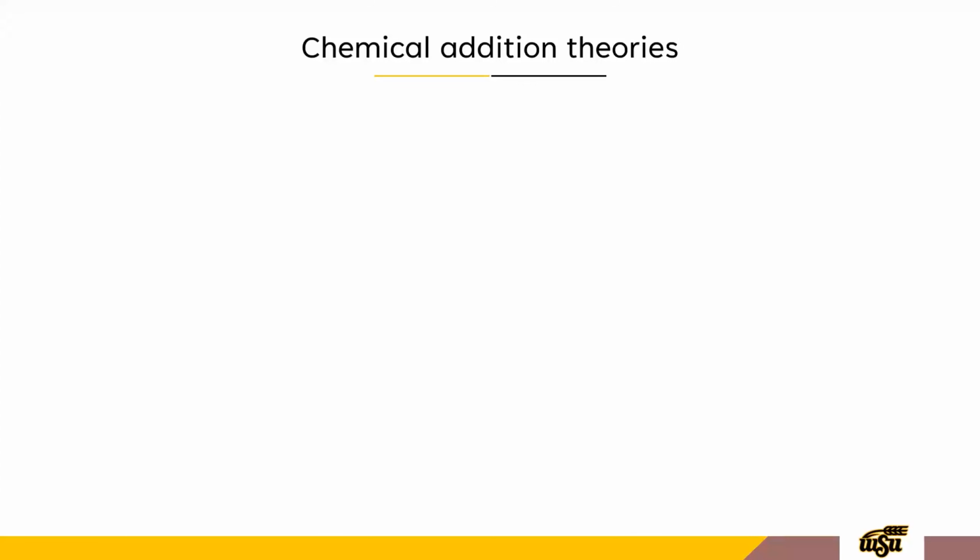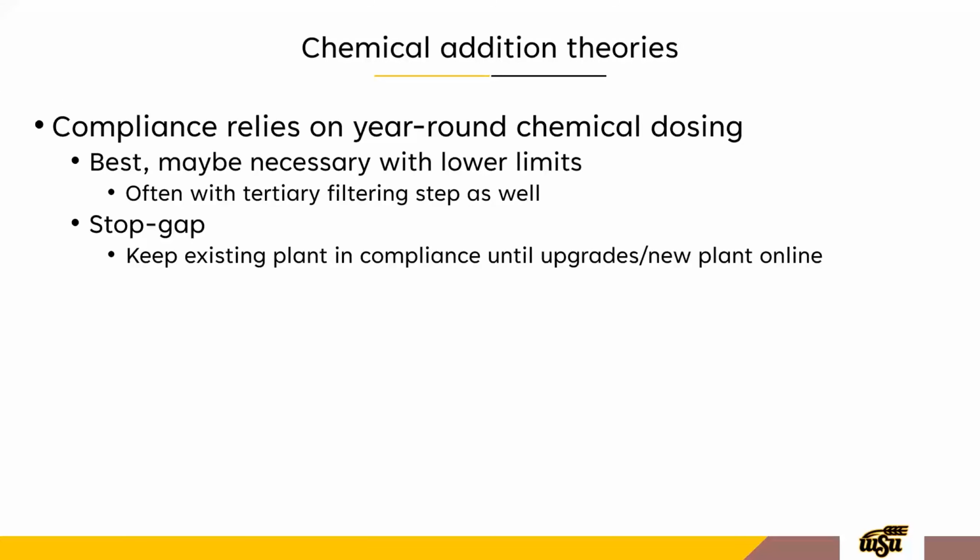proprietary compound. So when we're looking at the larger nutrient removal game, there are a couple different theories as to how you can use chemical addition. The first one that you probably want to avoid if possible is having a plant where you have to add chemical in order to be compliant with any phosphorus limitations.